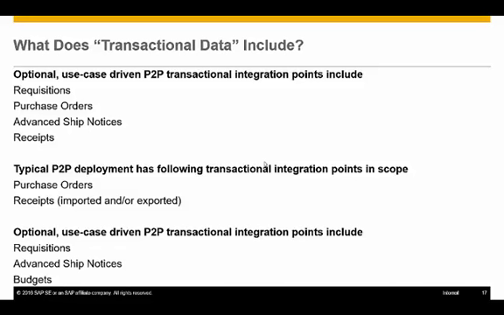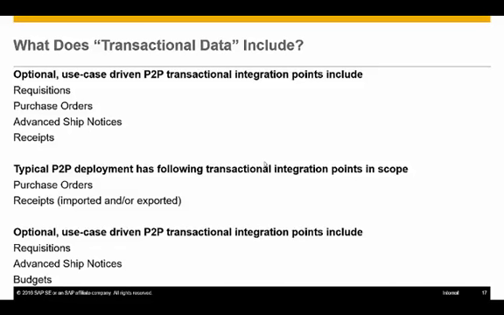Depending upon the kind of ERP you have, the kind of business process you follow, and the technical restrictions that the ERP may impose, a typical transactional integration would involve a PO and receipt integration, and definitely an OK to pay file integration. There are other transactional integration options provided by P2P.